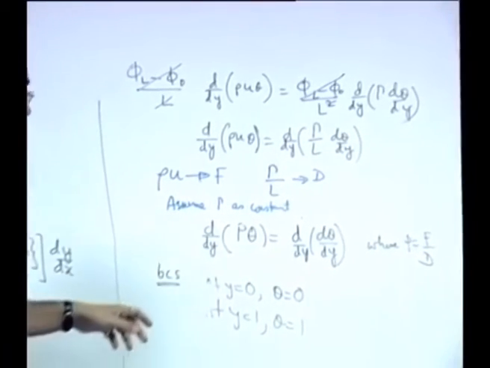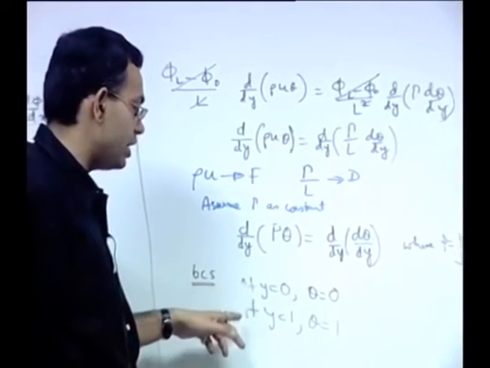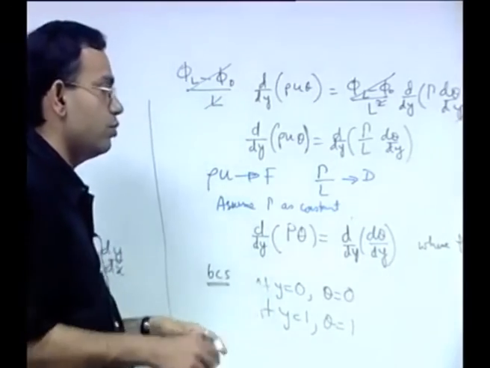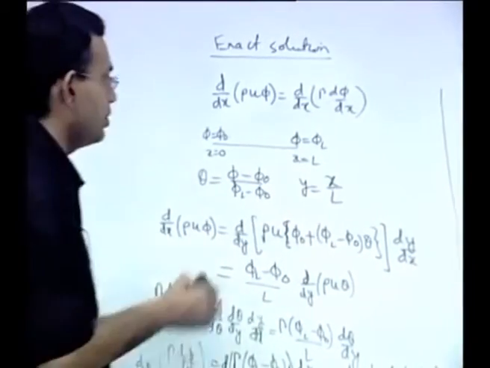The corresponding boundary conditions are at y equal to 0 theta equal to 0 and at y equal to 1 theta equal to 1. So, let us try to solve this equation.